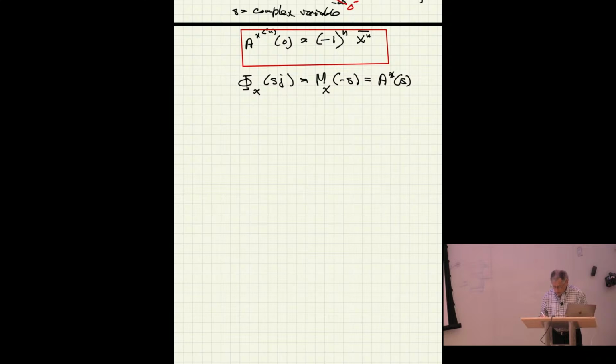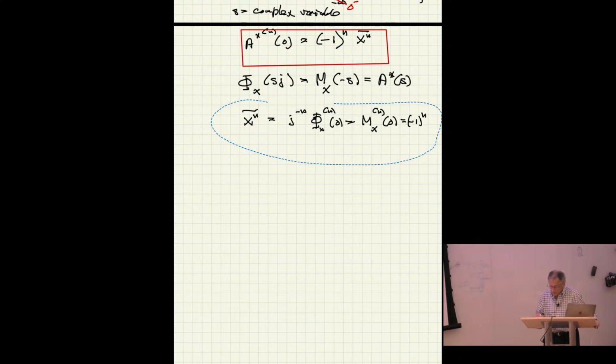And to remind you, the nth moment of x can be written in terms of each of these. It's j to the minus n times the nth derivative of the characteristic function phi sub x at 0, which is equal to the nth derivative of the moment generating function of x at the argument 0, which is equal to minus 1 to the n of A star derivative at s equals 0.